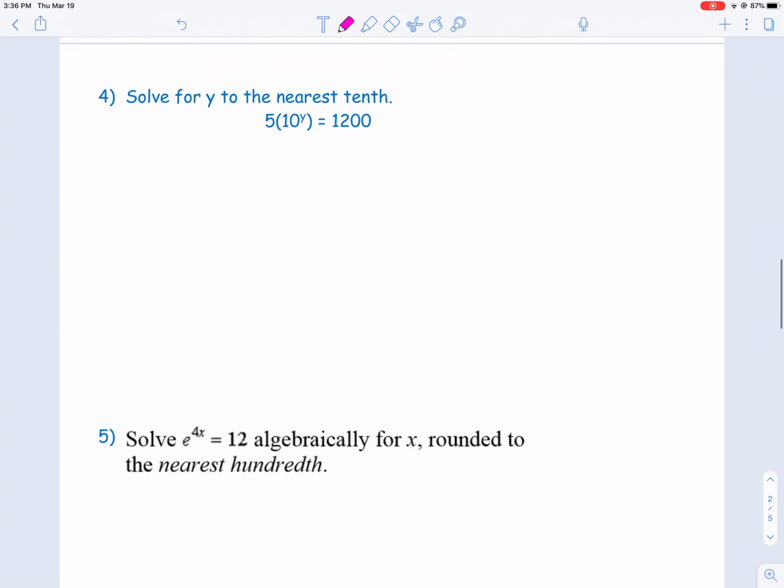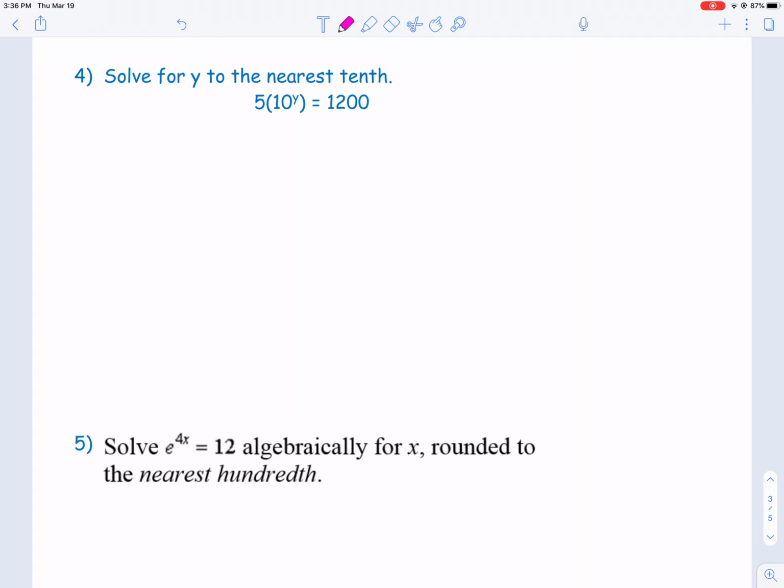And it's a little interesting because you do see an exponential, but you do see a coefficient in front of your exponential. Does everybody see this 5 in front?